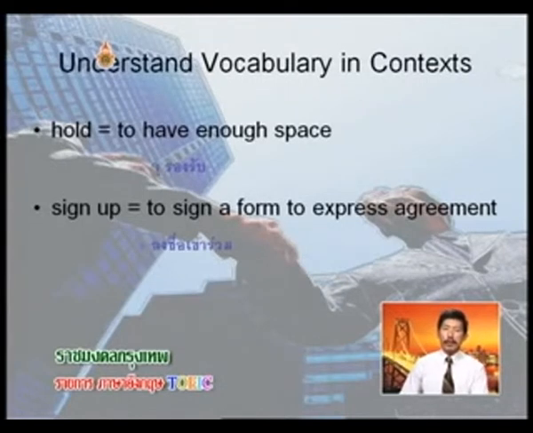Then another word that we should learn today is the phrasal verb sign up. Sign up means to sign an agreement or to sign a form to say that you agree to do something.